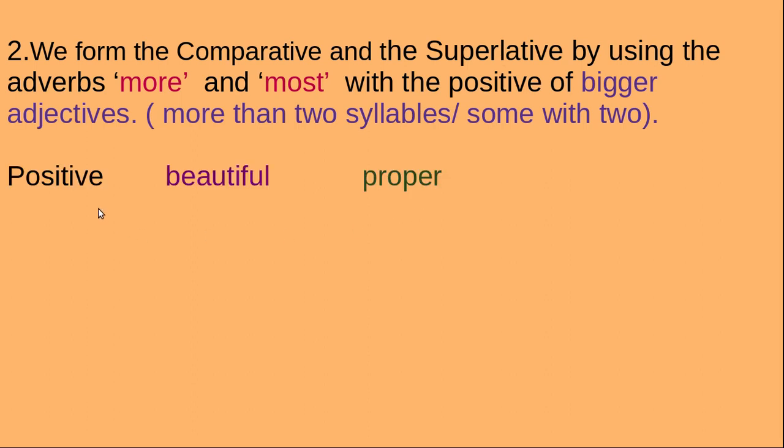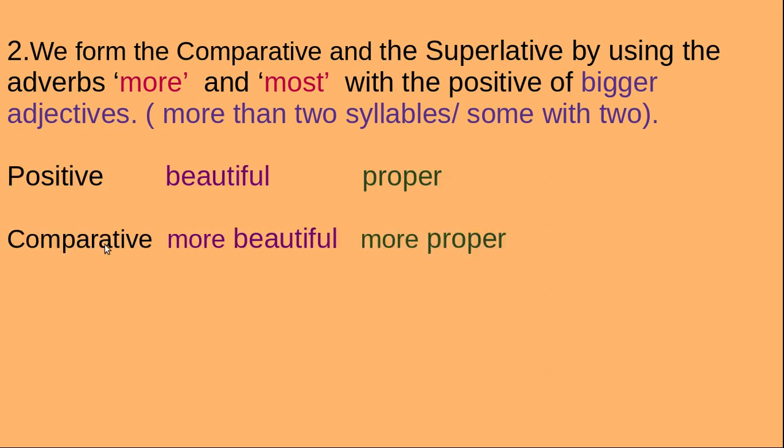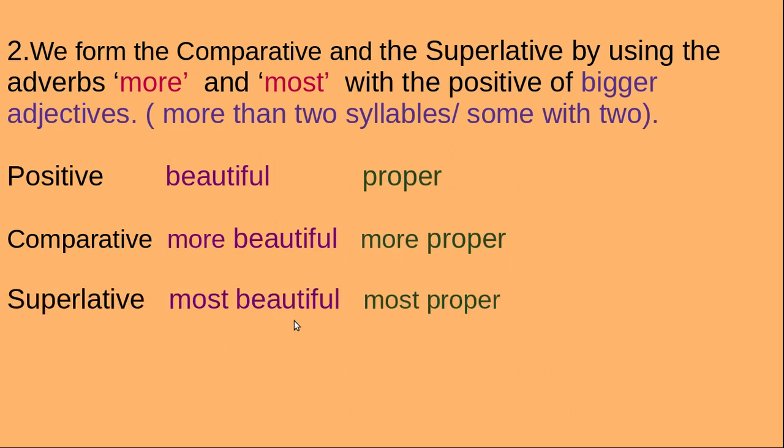I'll give an example. See, first word, beautiful. There are more than 2 syllables. Proper, there are 2 syllables. Right? And now see how we have formed the comparative degree. Adding more here: more beautiful and more proper. Superlative: most beautiful and most proper, right?